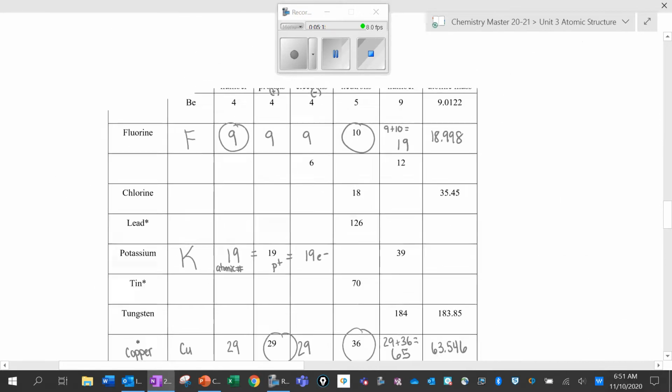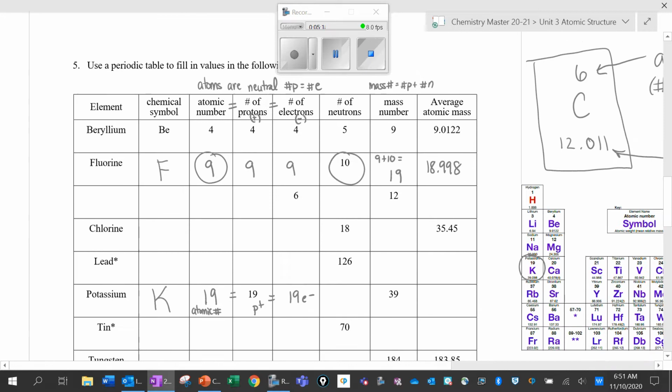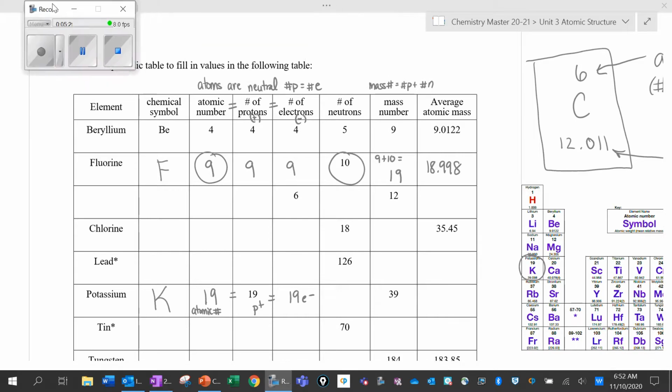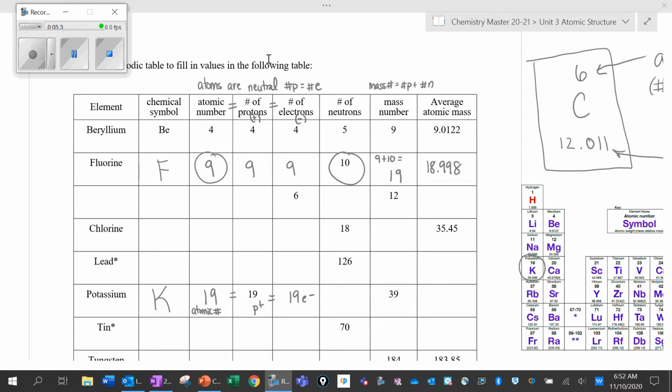And then the neutrons. In this case, we are not given the neutrons, but we are given the mass number. So what we can do is rearrange this mass number equation to solve for the number of neutrons. If the mass is the protons plus the neutrons, we can say the number of neutrons is the mass minus the number of protons.